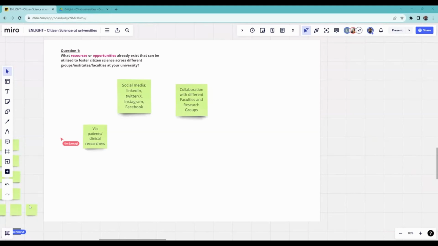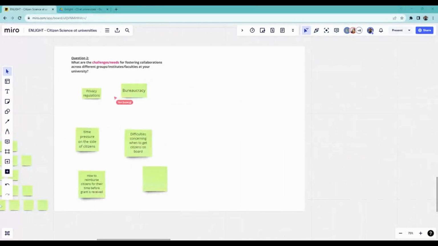Those doctors may also have research tasks, so that could be a good opportunity. And then we also have cohort studies in which a lot of information is gained from the citizen, but the citizen has quite a passive position in those cohorts.